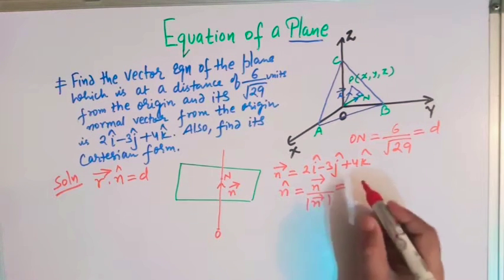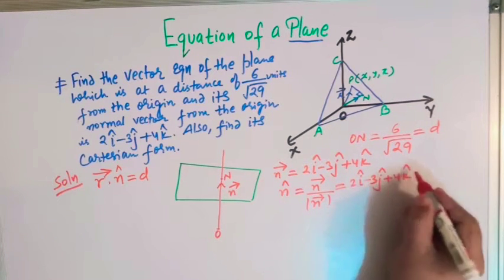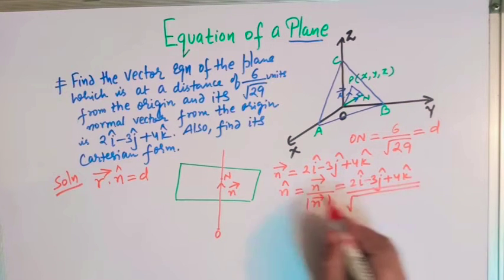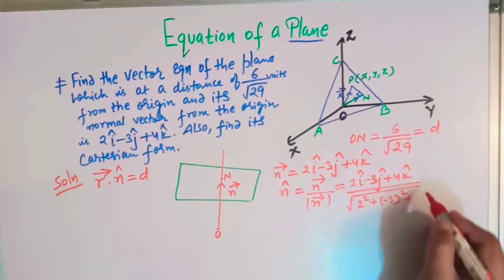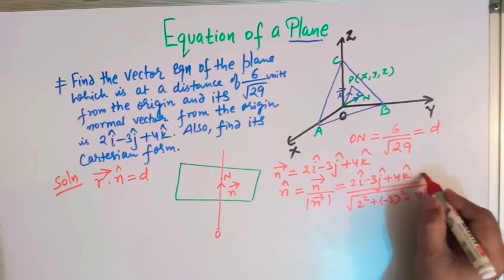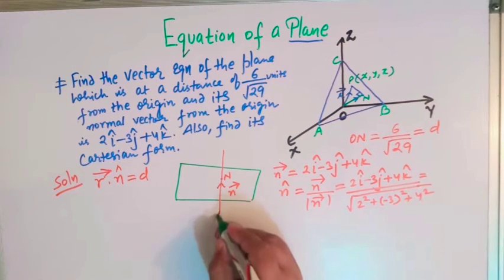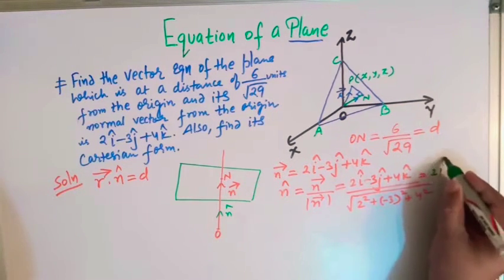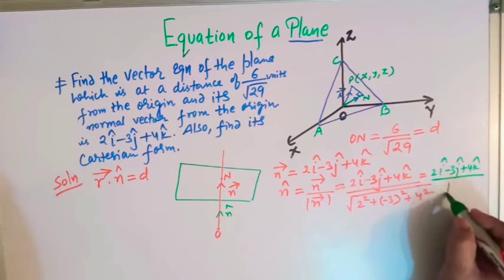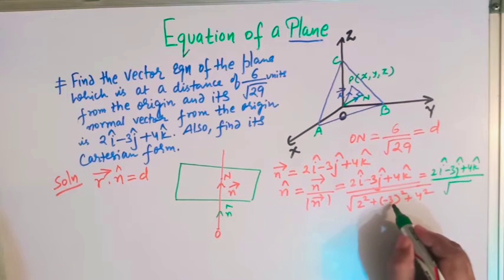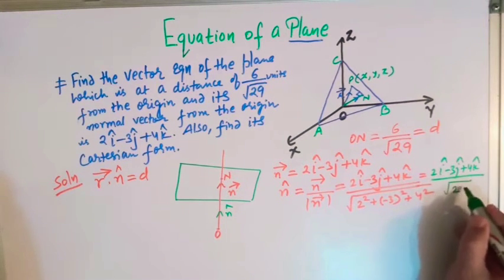This can be written as 2i cap minus 3j cap plus 4k cap divided by the square root of 2 square plus minus 3 square plus 4 square. So the vector n cap is equal to 2i cap minus 3j cap plus 4k cap divided by square root of 4 plus 9 plus 16, that is 29.